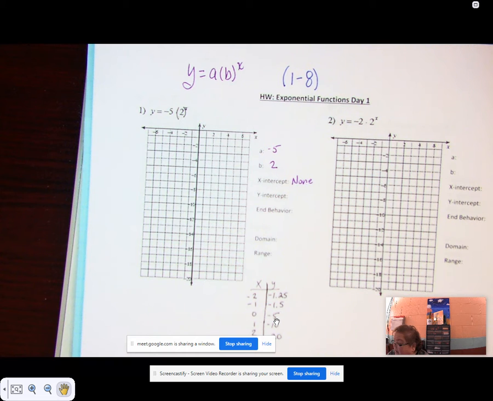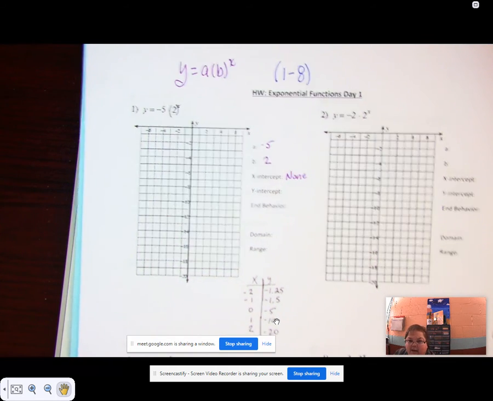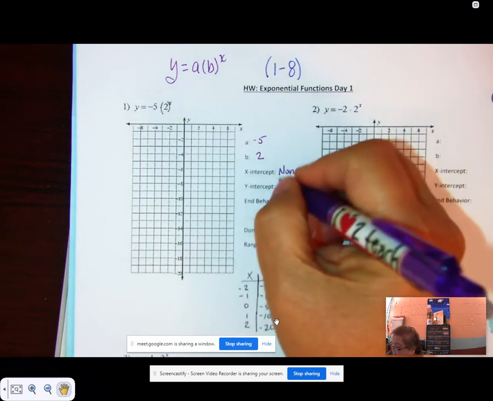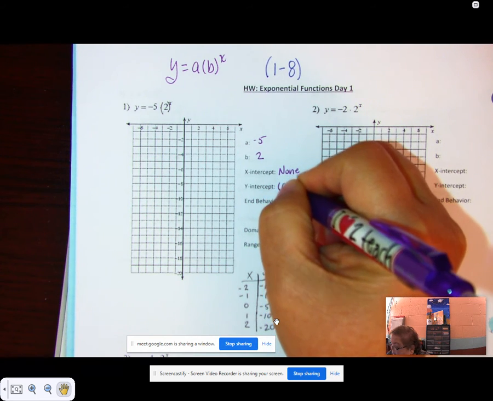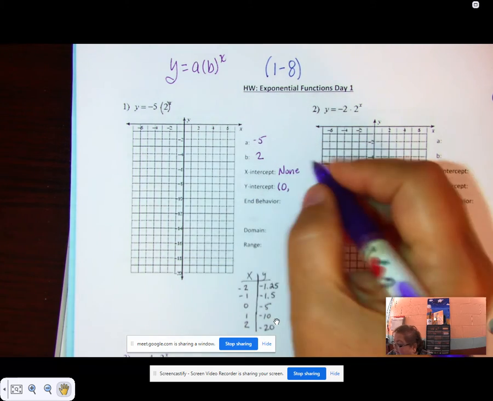Also, I'm kind of hoping you might have picked up as you work these on the pattern of the y-intercept. For the y-intercept, the x has to be 0. What is the y value? Anybody pick up on that pattern? -5.